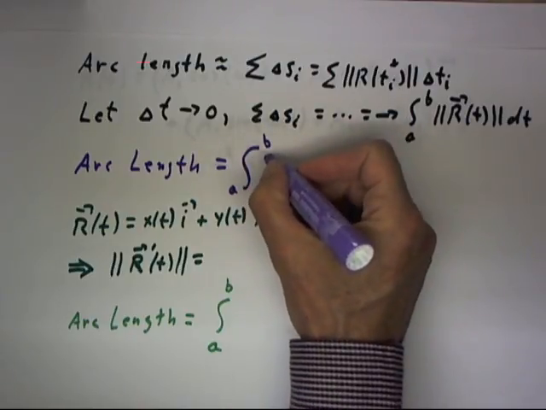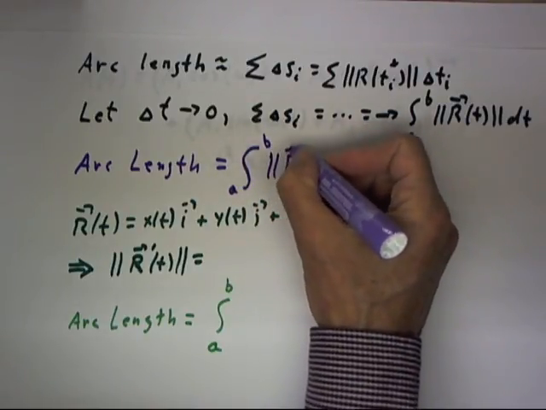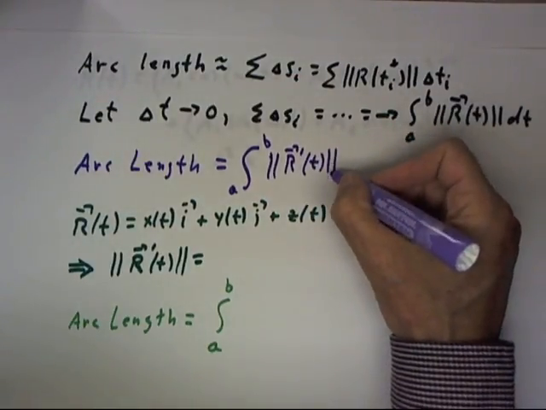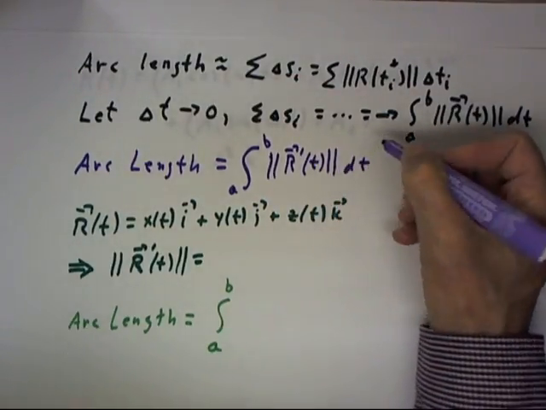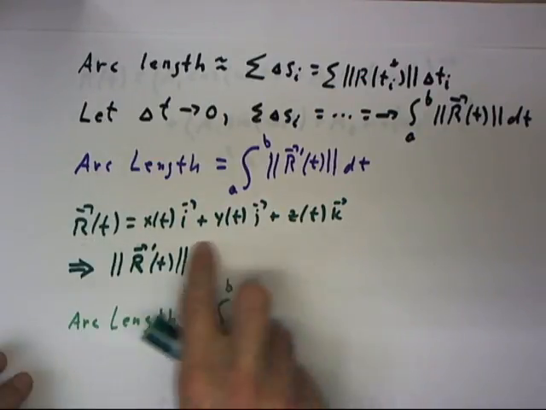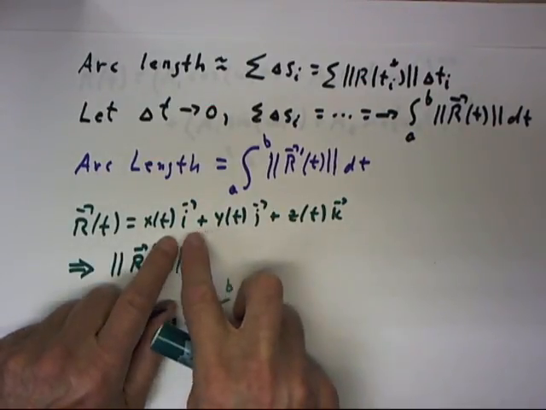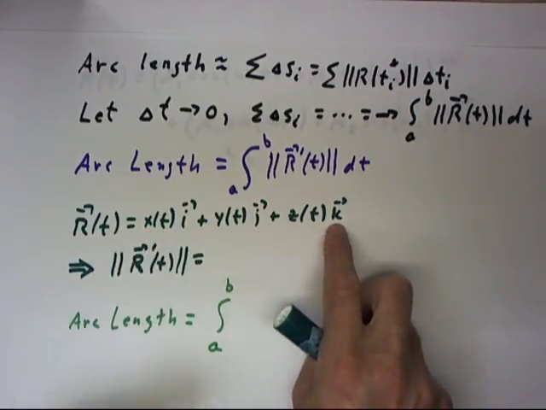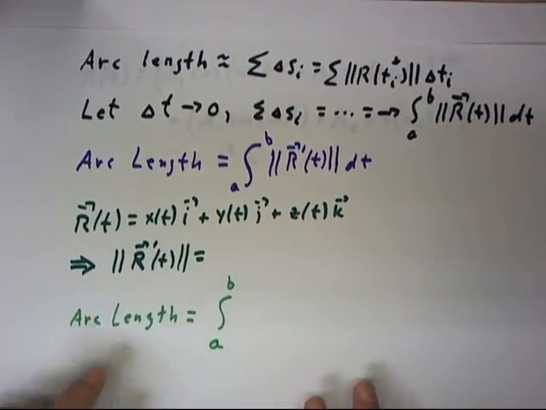The arc length of the curve is the integral of the magnitude of R prime of t dt. If R of t is a vector function, x of t i plus y of t j plus z of t k, then what's the magnitude of R prime of t?